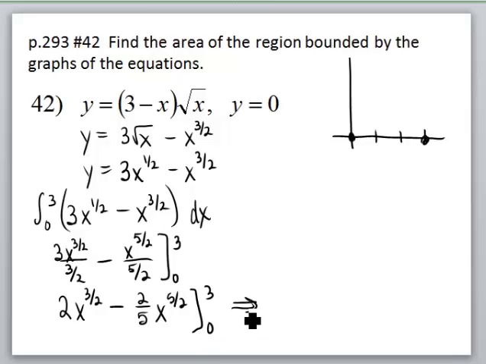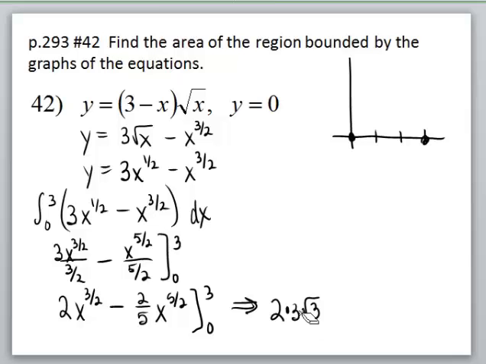Well, what I'm really worried about is what I get when I plug in 3. And when I plug in 3, I end up getting 2 times 3 square root of 3, or I could say it's the square root of 27, which is the same thing.